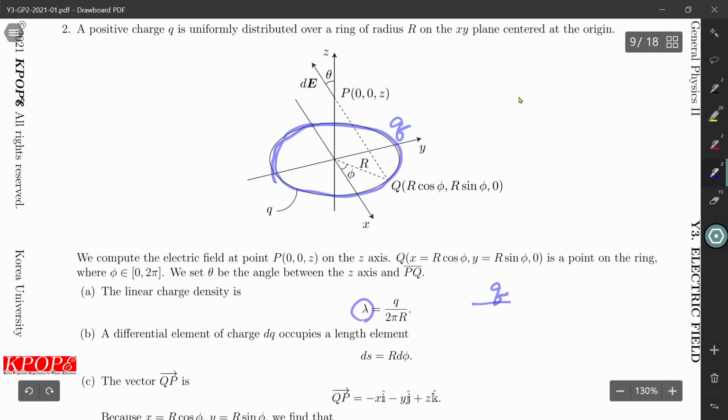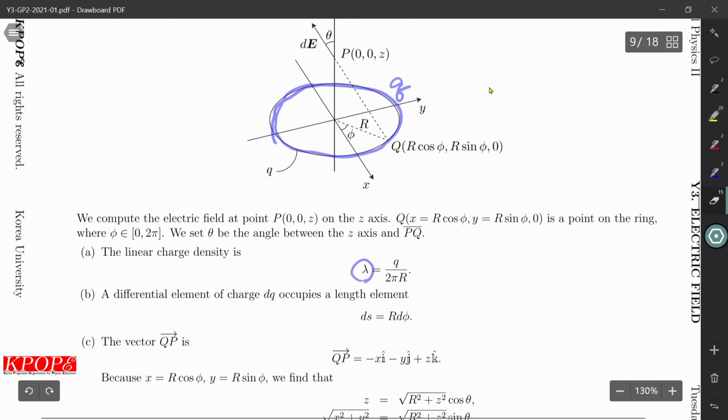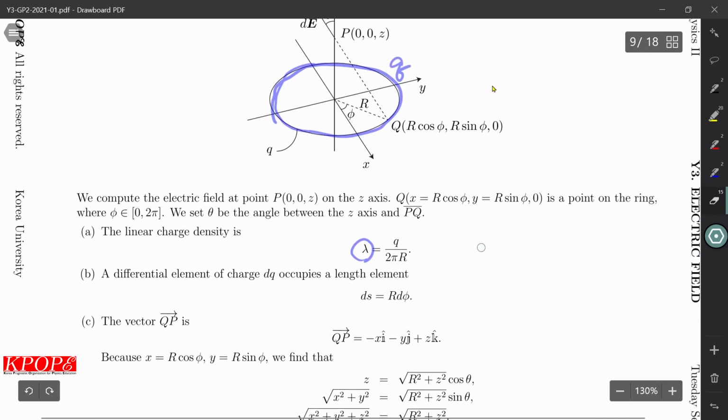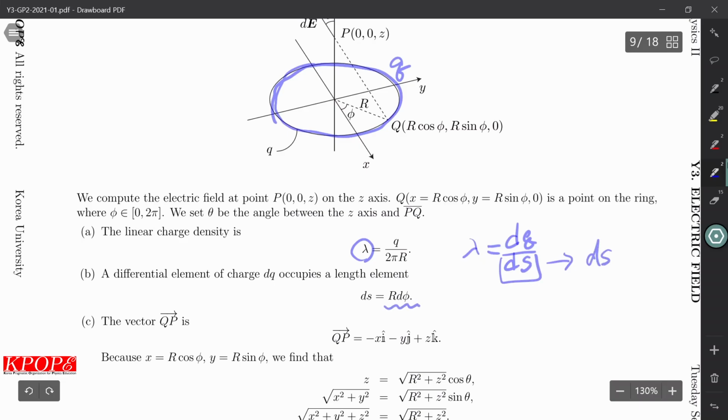The circumference of the circle is 2 pi r. This will be the linear charge density lambda, which equals dq over ds. What about ds? ds is r d phi.